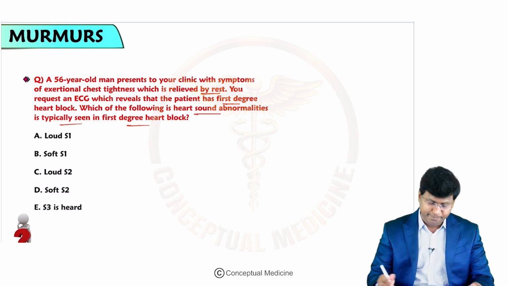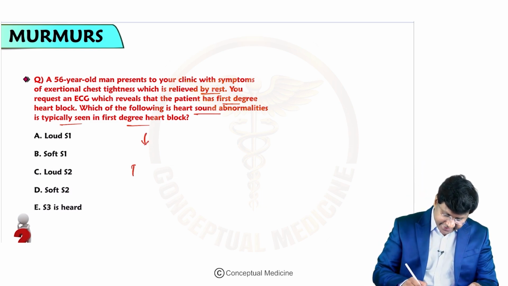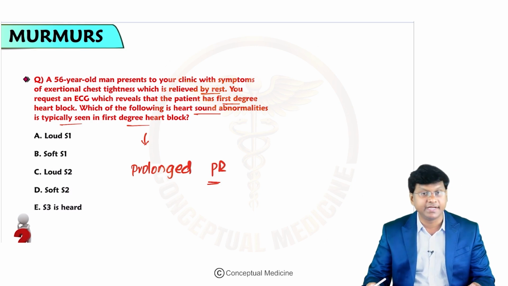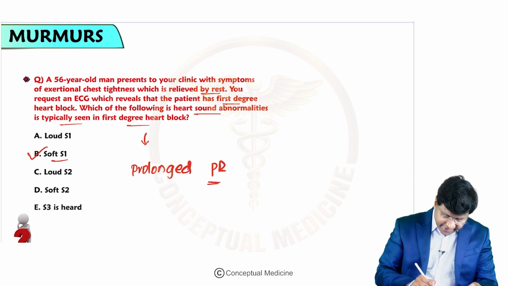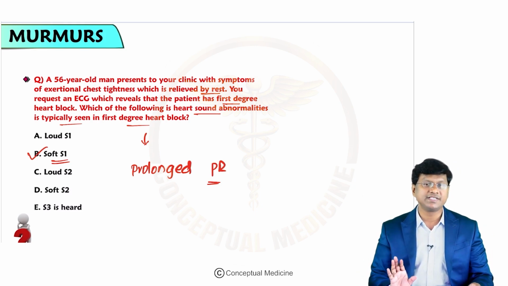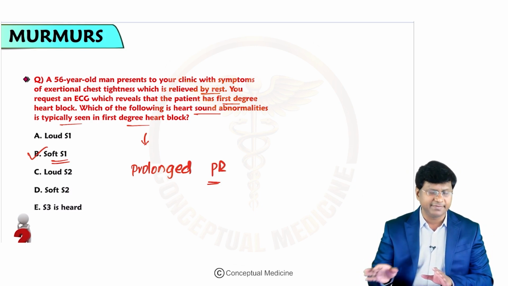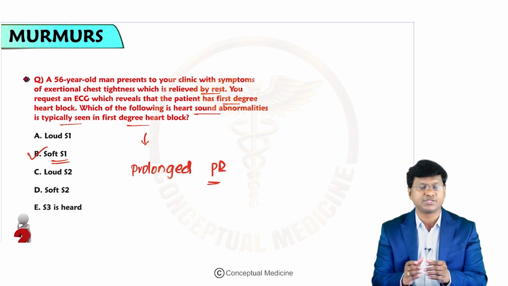Let me tell you, in patients with first degree heart block, there will be a prolonged PR interval. So in patients with prolonged PR interval, you have the presence of a soft S1. I'll be discussing heart sounds in detail in the next topic.